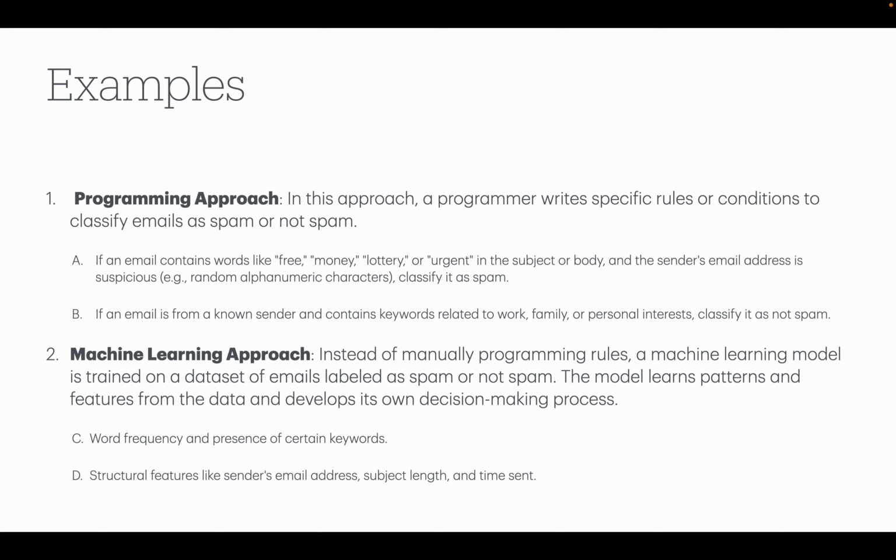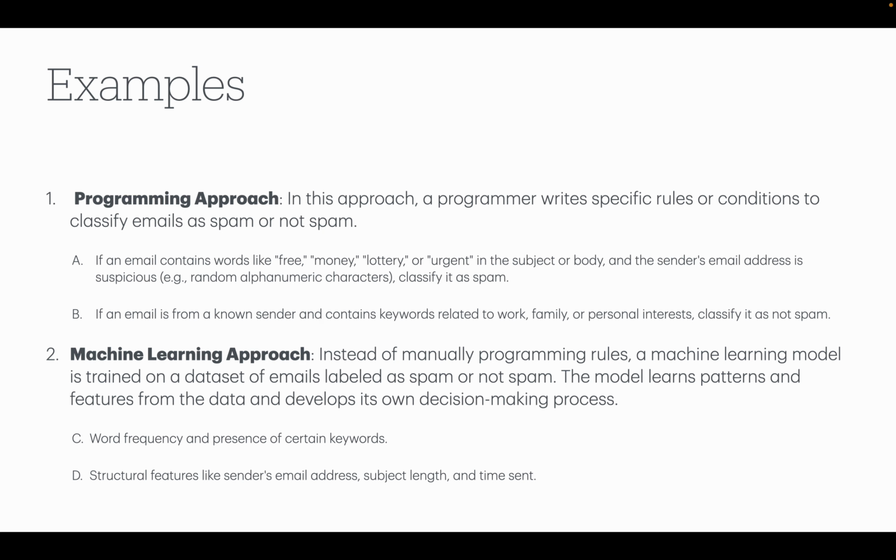For example, if in the mail we have free, money, lottery, or urgent, that kind of subject, and the sender email address is suspicious, that is, in the mail we have random alphanumeric characters, or characters that are repeated multiple times, so that kind of suspicious or not general email, then it will be classified as spam.